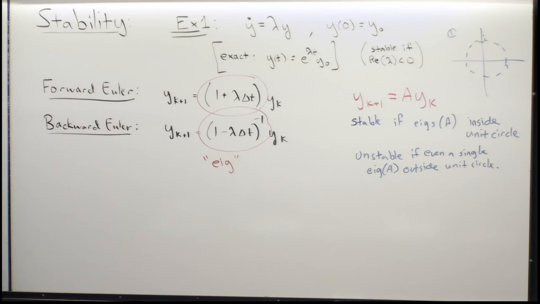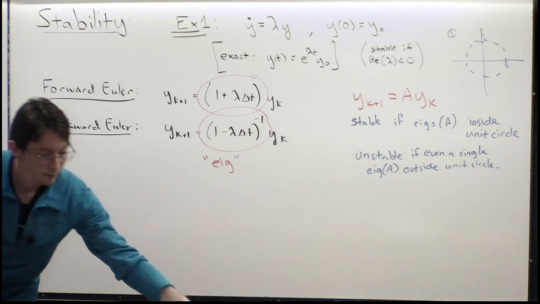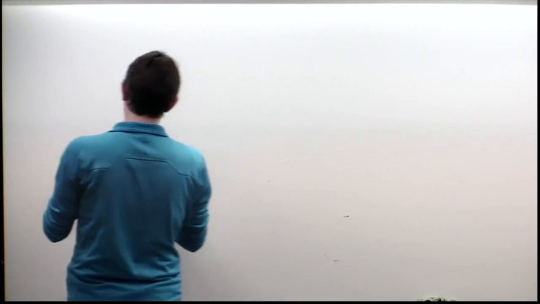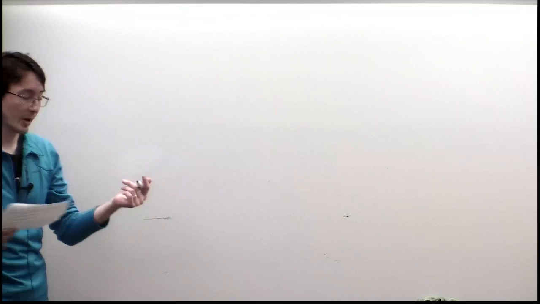What we're going to do is plot in the complex plane what types of lambda delta t's will give a stable system and what kinds will give an unstable system. So I like to just think of this pictorially.